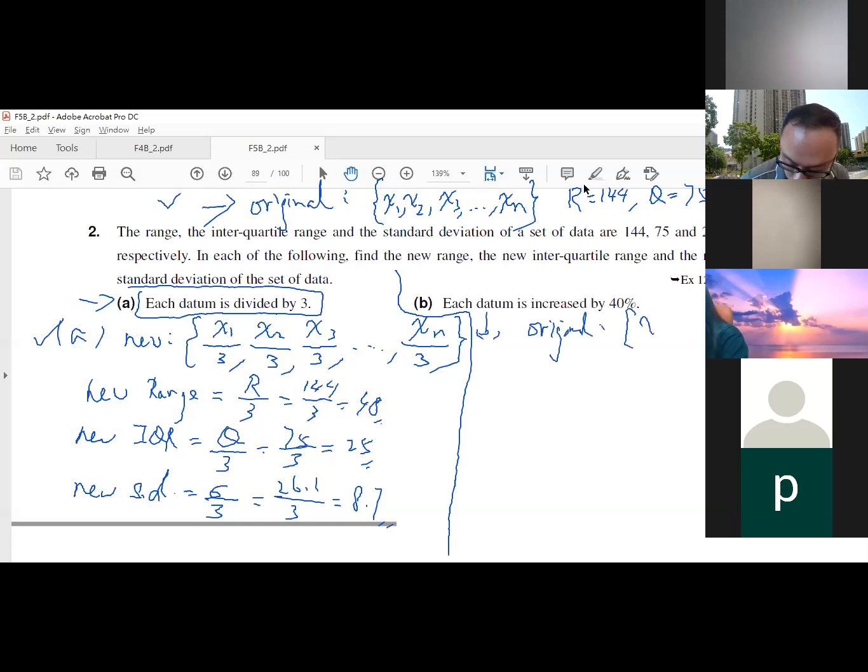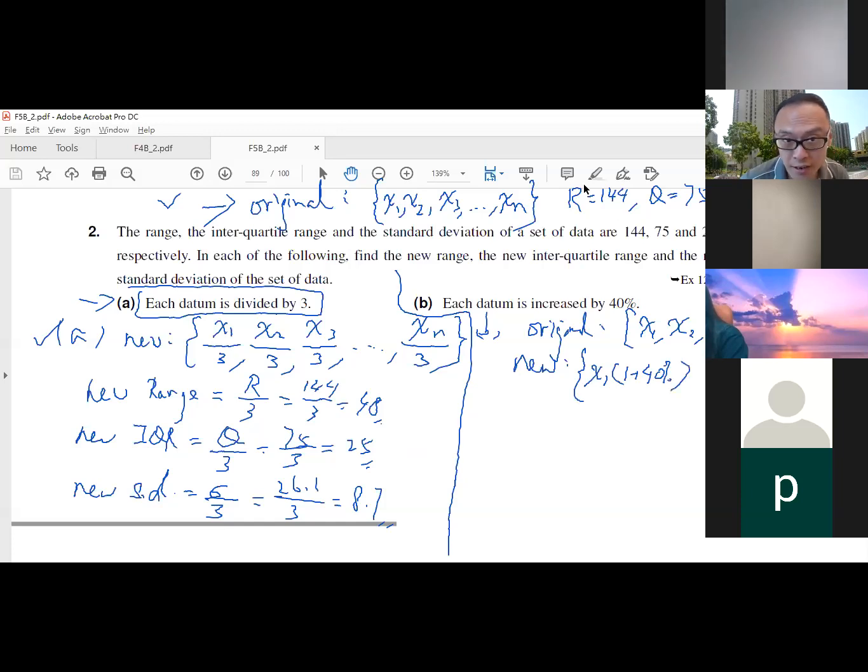Original set of data is x1, x2, x3 up to xn, okay? And then the new set of data, because each datum is increased by 40%, which means that the new x1 will be calculated by x1 times 1 plus 40%, right?